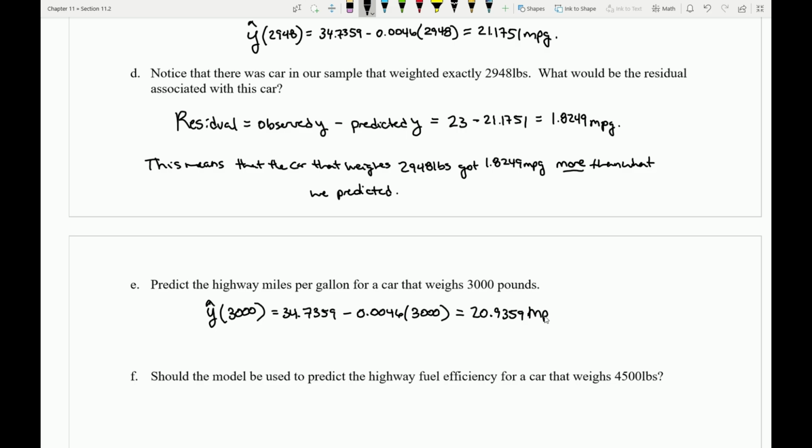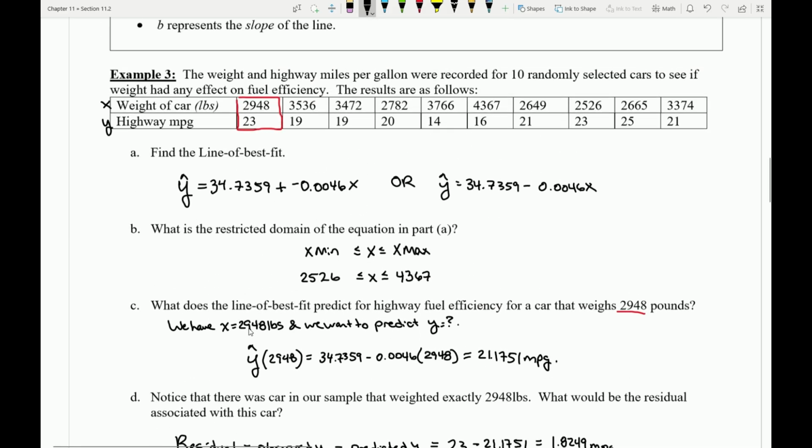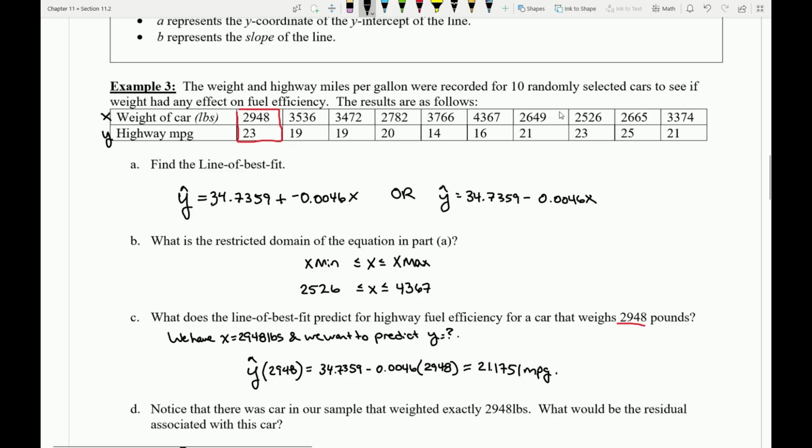So if I was to ask on this question, can I find the residual for how far off my guess is from the actual value? I would find that that's extremely difficult to do. It's actually impossible to do here because if I look back at my table, I don't have any car that weighs precisely 3,000 pounds. So I can't check to see how far off my guess is from the right answer. I don't have a right answer at the moment.